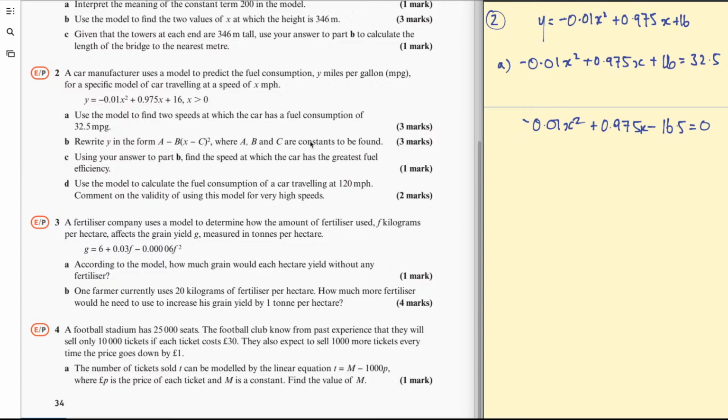Okay, so we could use the quadratic formula or completing the square. If we use completing the square here to solve it, that means we'd have to divide everything through by this coefficient, because remember, to complete the square you need a coefficient of x squared of 1.